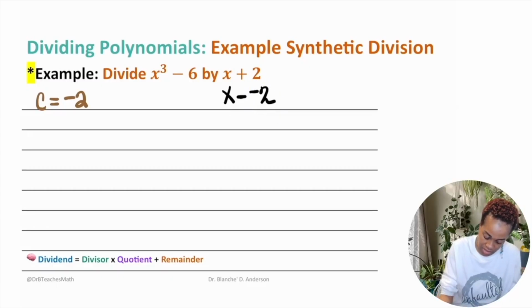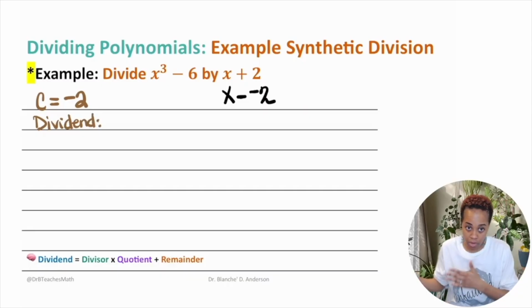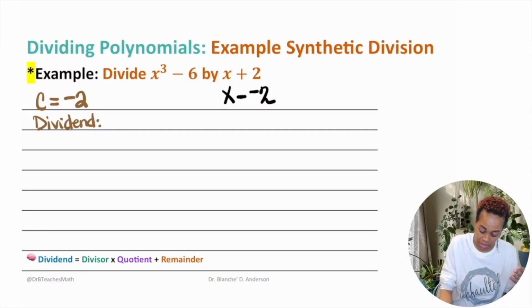So that's my c. My dividend, what's being divided, goes in descending power order, but fill in what's missing. So x cubed. I do not have an x squared. I do not have an x, but I have a constant.